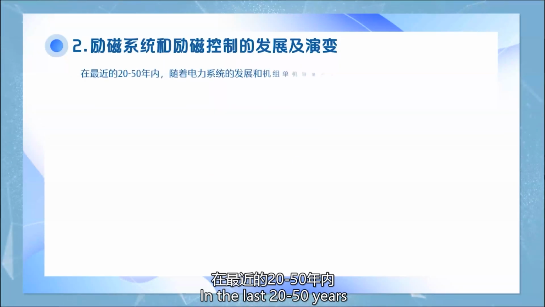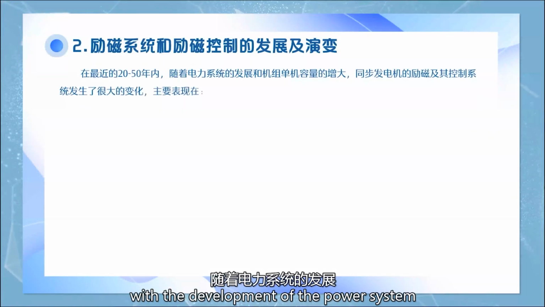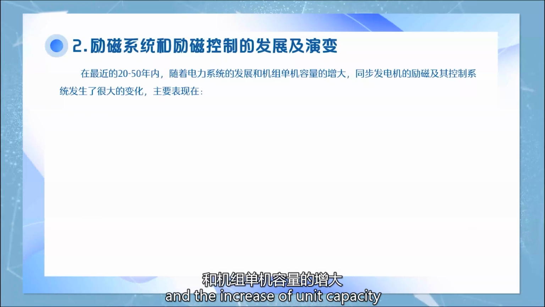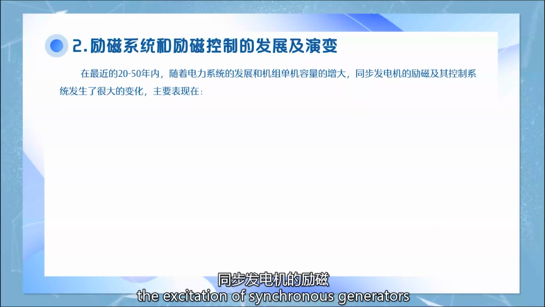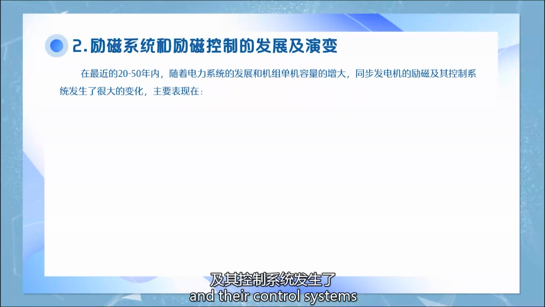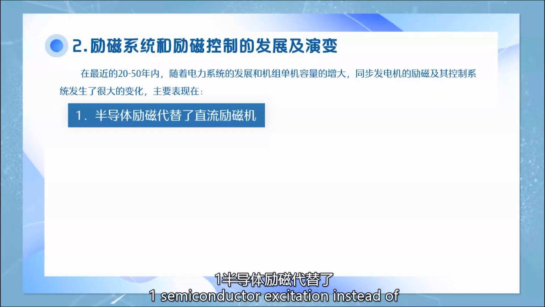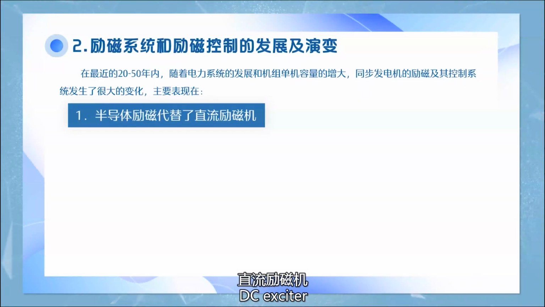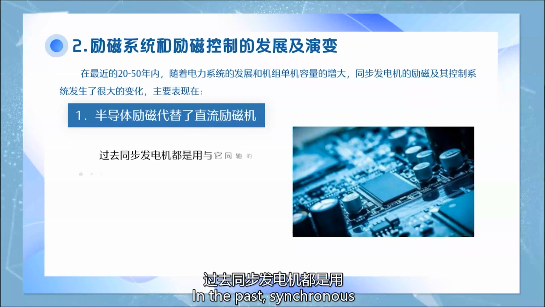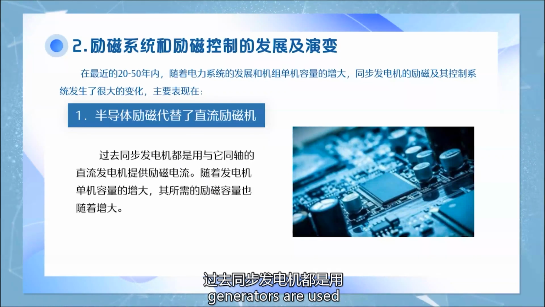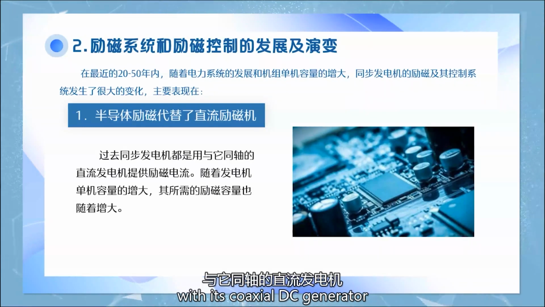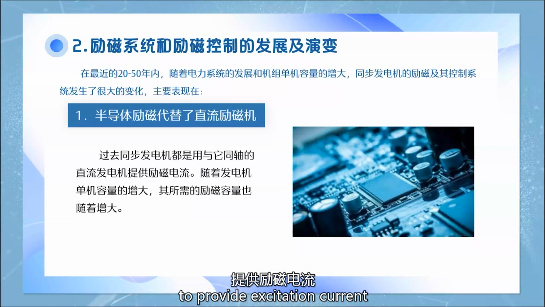In the last 20 to 50 years, with the development of the power system and the increase of unit capacity, the excitation of synchronous generators and their control systems have changed a lot, mainly, first, semiconductor excitation instead of DC exciter. In the past, synchronous generators were used with a coaxial DC generator to provide excitation current.